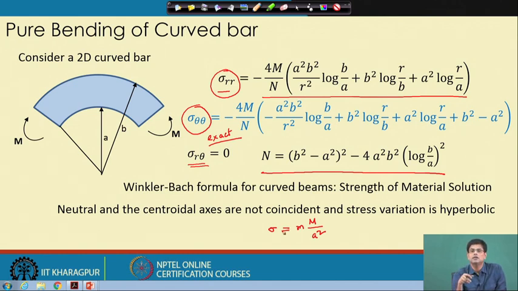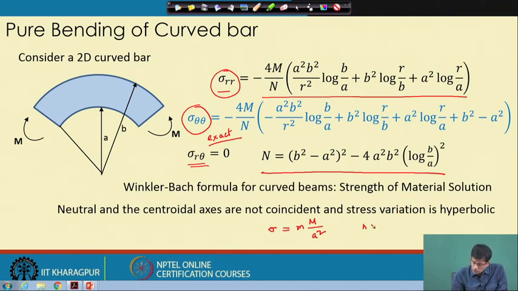While for the linear variation, the thickness h, which is b minus a, is much less than the outer radius.